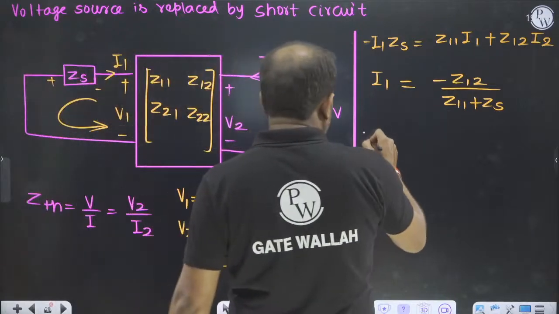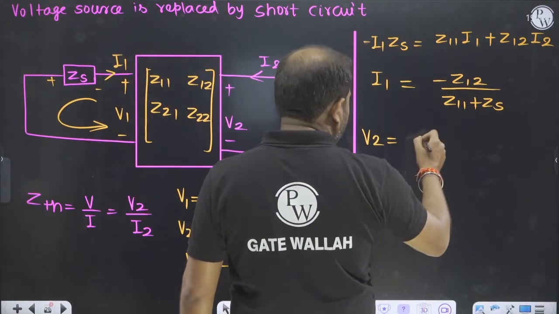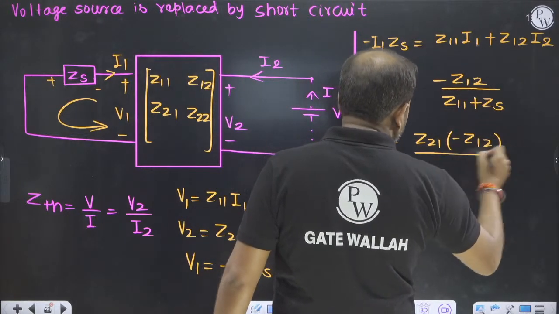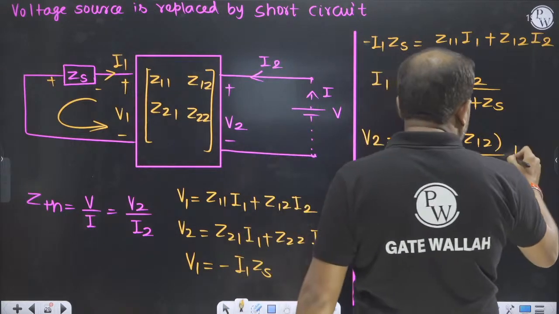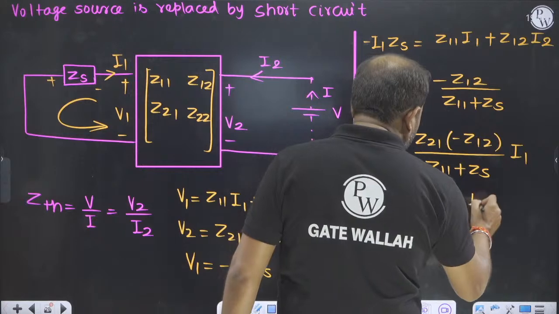So you will get V2 equal to minus Z21 times minus Z12 divided by Z11 plus ZS, times I2, plus Z22 into I2.